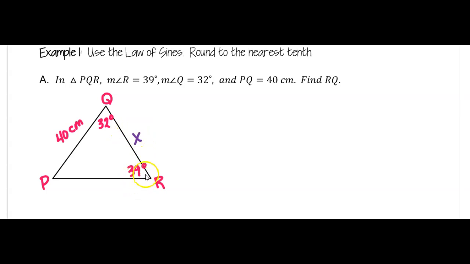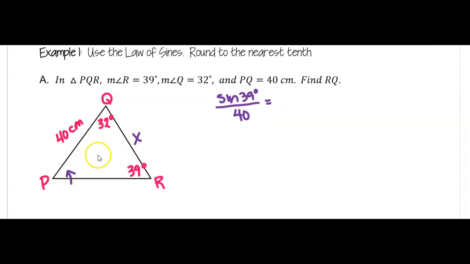So we're going to use the law of sines to figure out this length. Now the law of sines only works when you have an angle and its opposite side. We have one ratio: the sine of 39 divided by its opposite side of 40. And we want to know this side, but the problem is we don't know this angle.